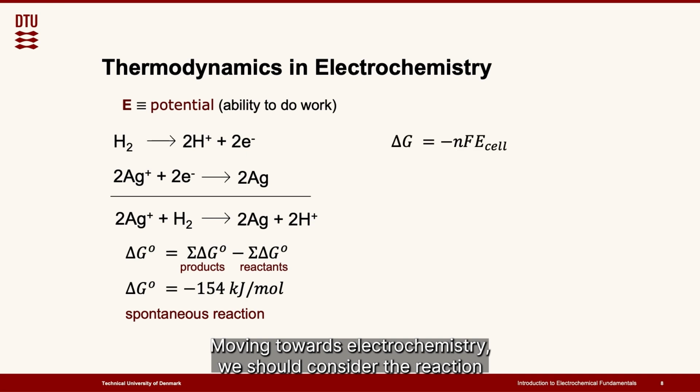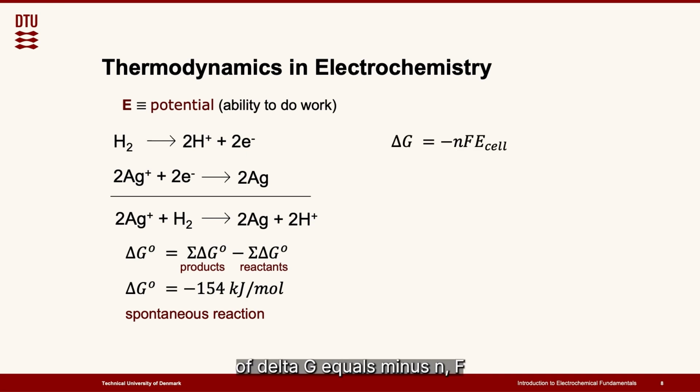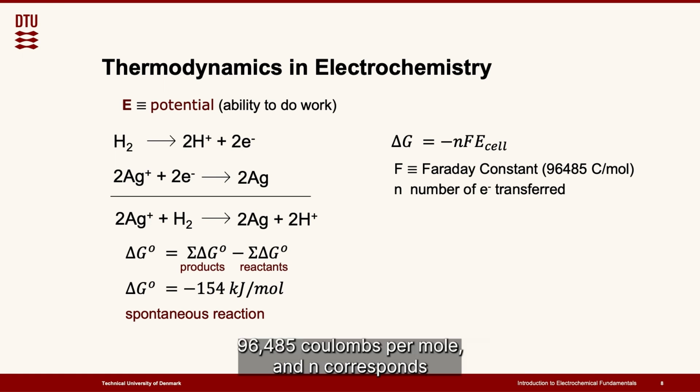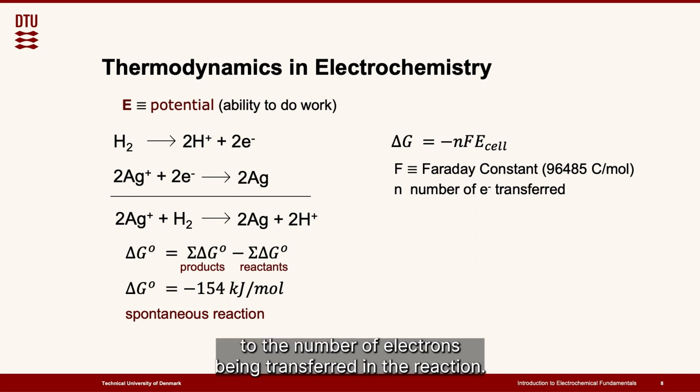Moving towards electrochemistry, we should consider the equation delta G equals minus n F E cell, where E cell is the potential of the cell, F corresponds to the Faraday constant, 96,485 coulombs per mole, and n corresponds to the number of electrons being transferred in the reaction.